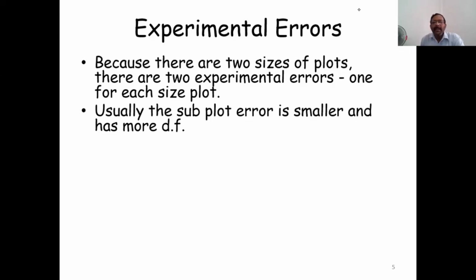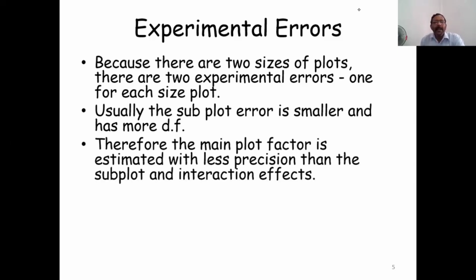Usually, subplot error is smaller and has more degrees of freedom. Subplots usually have smaller size and the degrees of freedom is quite high. We will see that later. Therefore, the main plot factor is estimated with less precision than the subplot and interaction effect.